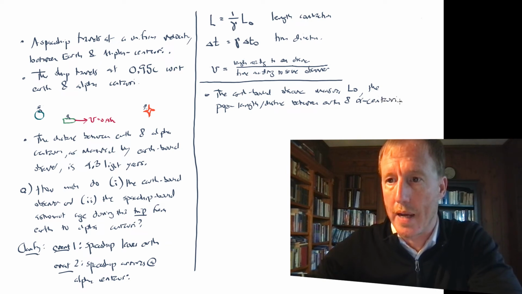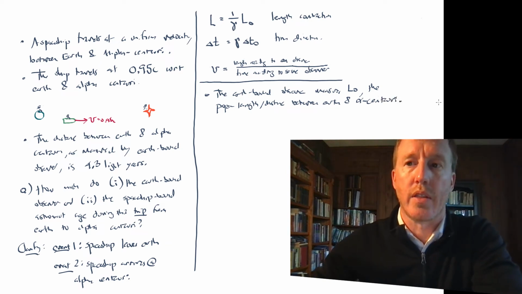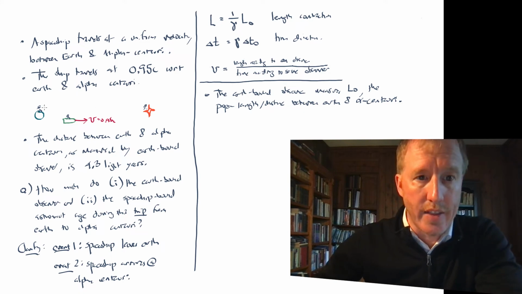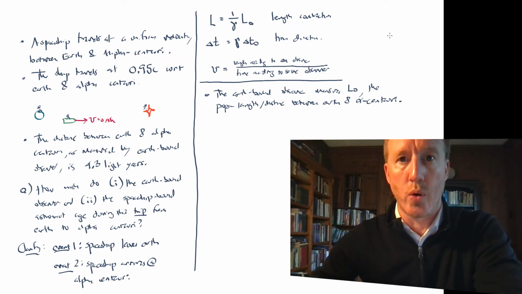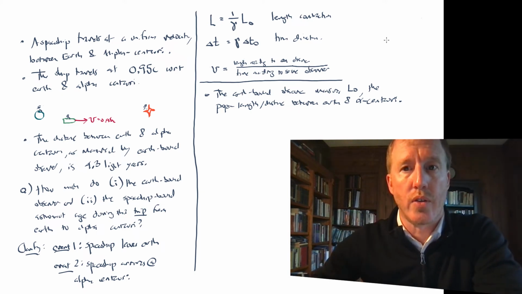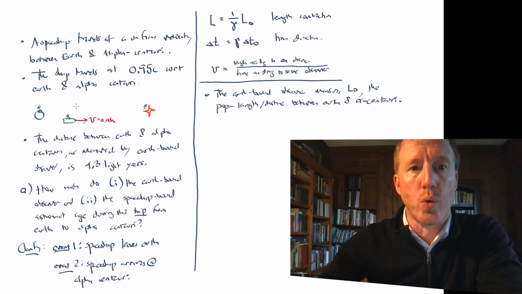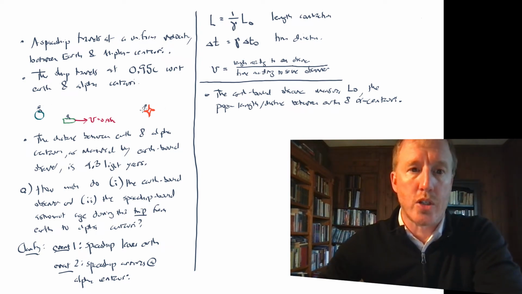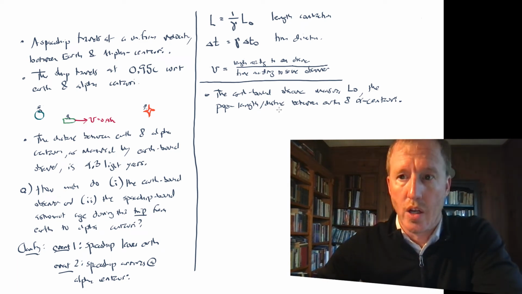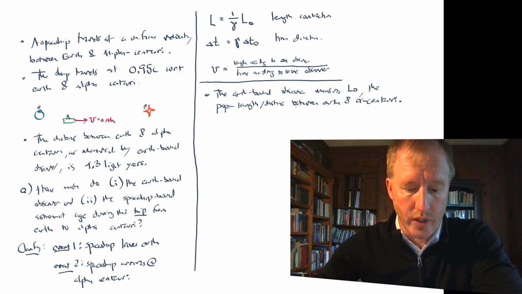Why is this? Well, think back to our definition of proper length. The proper length is the length of an object, in that case the length between Earth and Alpha Centauri, as measured by an observer who is at rest with respect to that object you're trying to measure the length of. Okay, so you might think about a long ruler placed between those two, and that length is being measured with respect to the Earth, which is stationary, and Alpha Centauri, which is stationary. Okay, so the earthbound observer is measuring L naught.